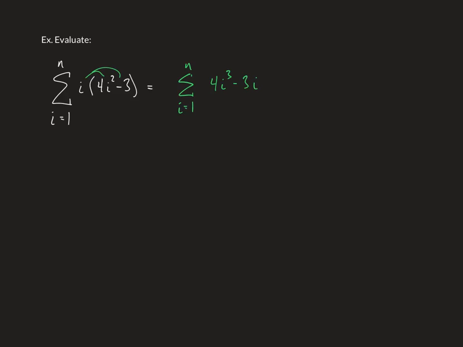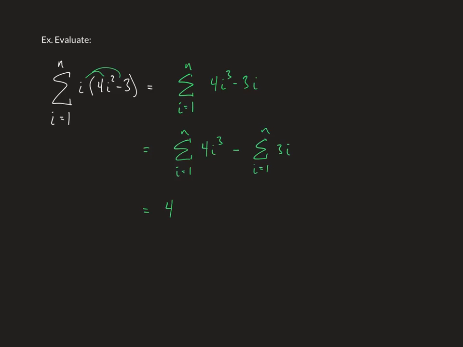Now what I'm going to do is apply the third theorem that we wrote down on the last page and separate these so that I can rewrite this instead as the sum from 1 to n of 4i cubed minus the sum from 1 to n of 3i. I'm separating them because I have some tools that'll help me evaluate each of these individually. Another thing that I'm going to do with this first sum is take this constant out because that was something we discussed that we can do.